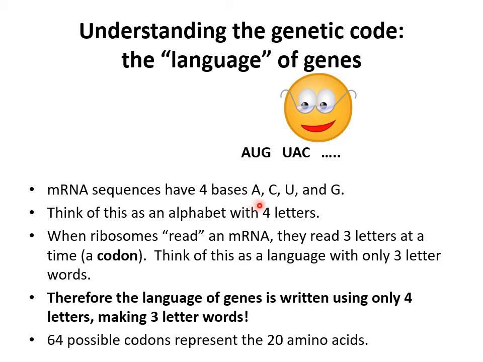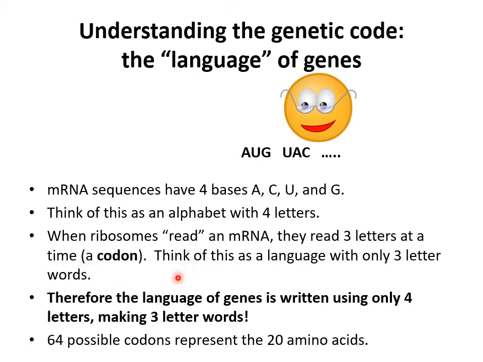It is A, C, G, and U instead of T. But it's kind of like having an alphabet with 4 letters. When ribosomes are reading an mRNA, they read 3 bases at a time. That's kind of like reading a 3-letter word.